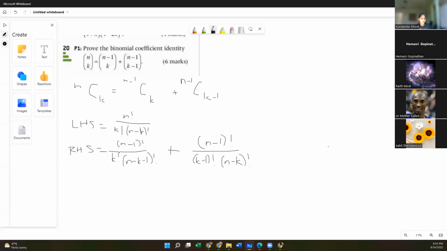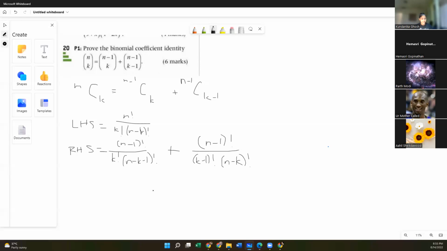Between n minus k factorial and n minus k minus 1 factorial, what's bigger, n minus k or n minus k minus 1? N minus k. Correct. And between k and k minus 1, what's bigger? K. Correct. So what's your entire least common denominator? K factorial and n minus k factorial.